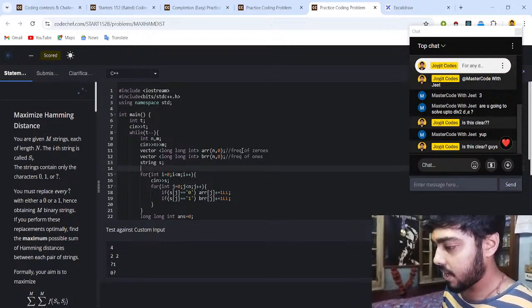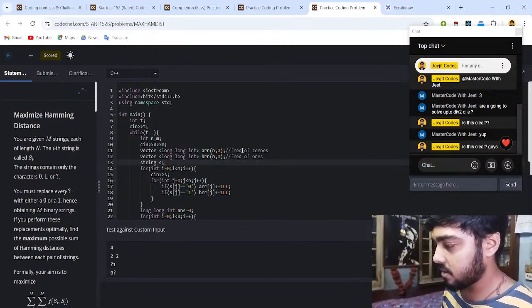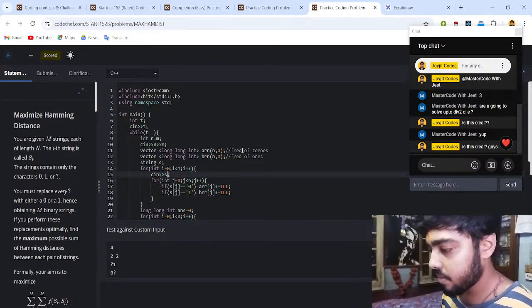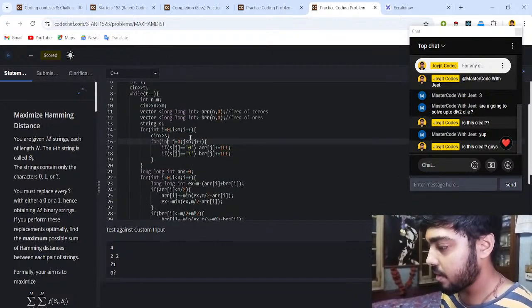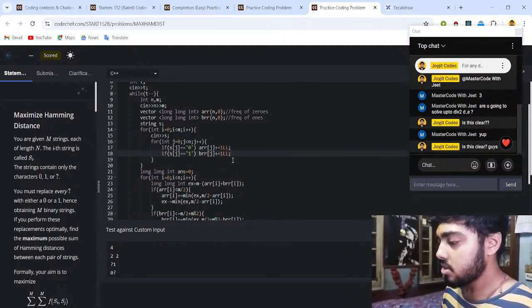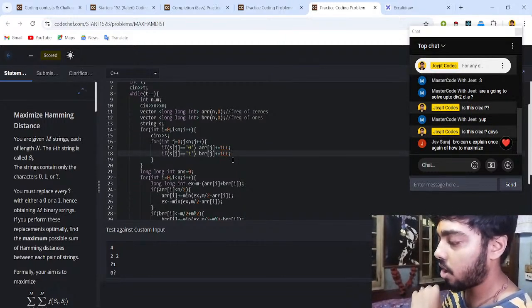I'm taking the string input, and for every string input, I'm checking all the positions. If it is a 0, I'm going to increment this value, or if it's 1, I increment this value. So for every specific position, now we know how many zeros and ones there are.